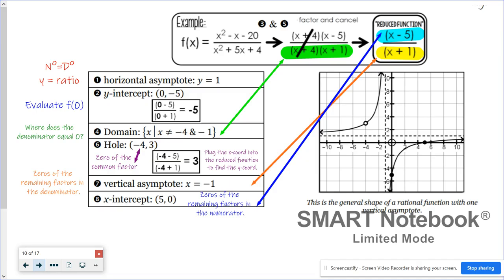So this is another example that you have in your notes. Once you're done with this video, go and look at it and make connections between the given function and those 8 steps, so you understand what the original function in its standard form is telling us, what information we can get from the factored form, and then what information we get from that reduced function.